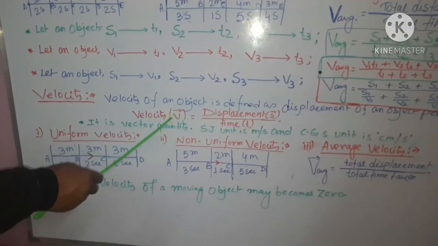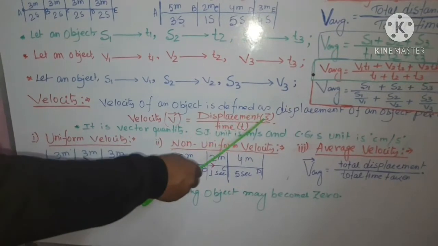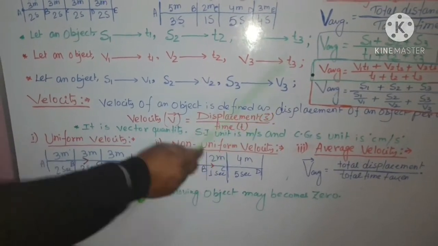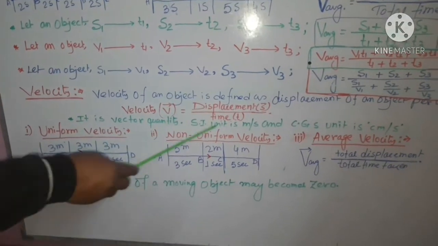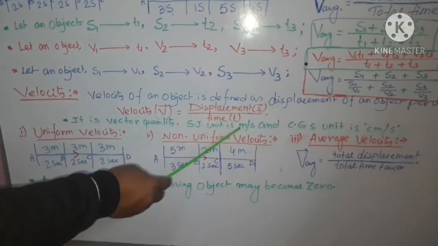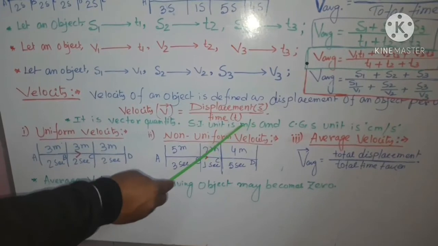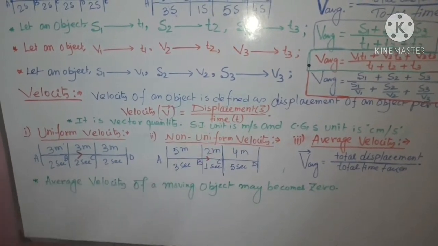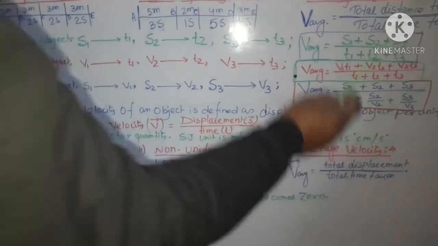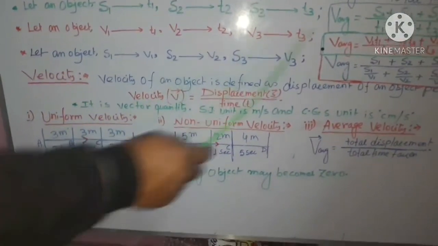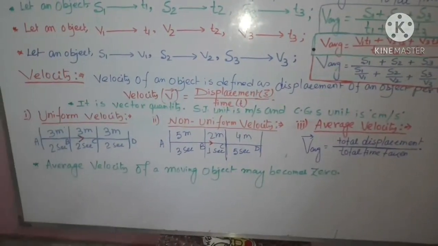This represents velocity is a vector quantity, this represents displacement is a vector quantity. Now, the SI unit of displacement is meter, of time is second, so meter by second, and the CGS unit is centimeter by second, so that is the unit of velocity.